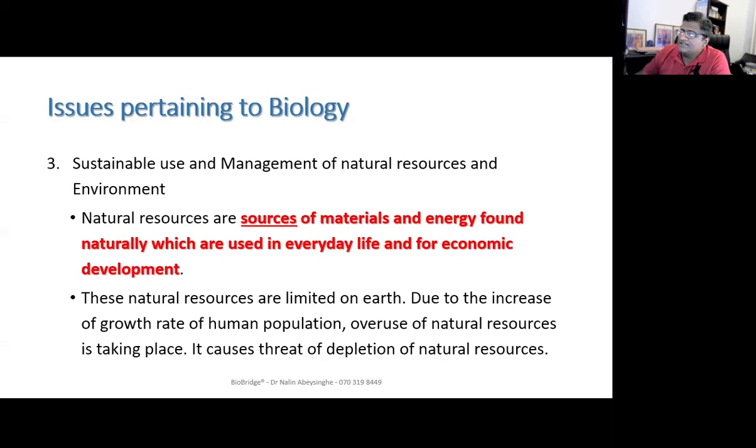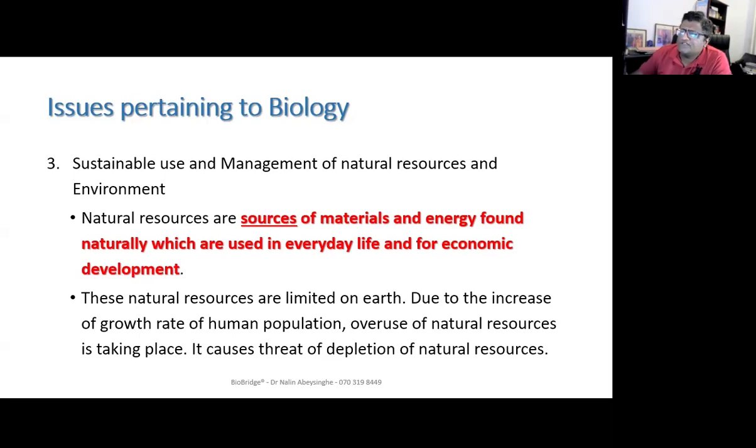Yeah, fossil fuels. One more, please. Coal. Yes, very good. Fossil fuels, coal. Minerals like gold, iron, and copper. And metals like aluminium, uranium. They are all utilized. They are not renewable, right? Okay, very good.